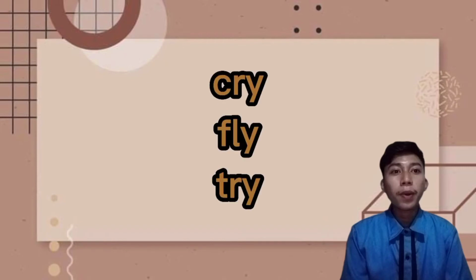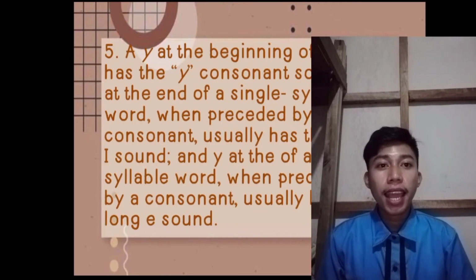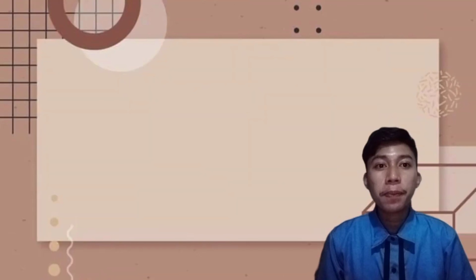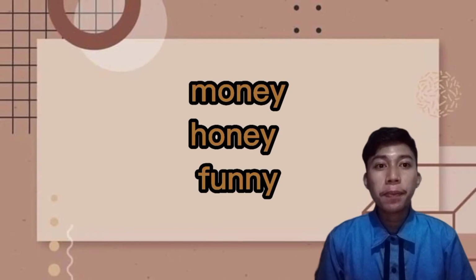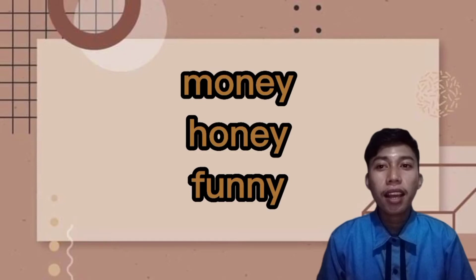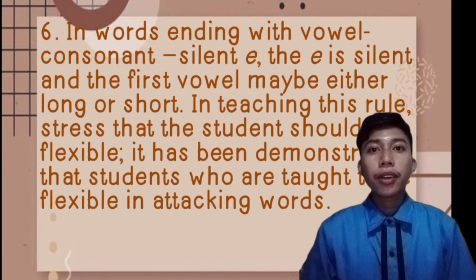And Y at the end of a multi-syllable word, when preceded by a consonant, usually has the long E sound. For example, money, honey, funny.